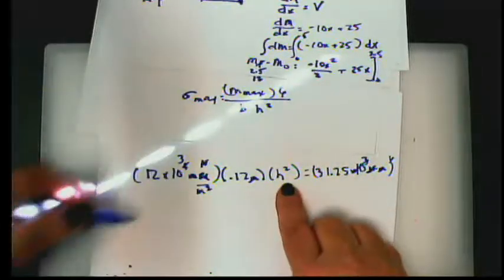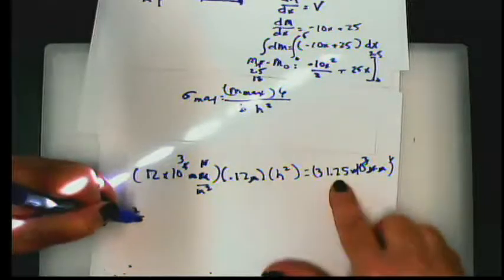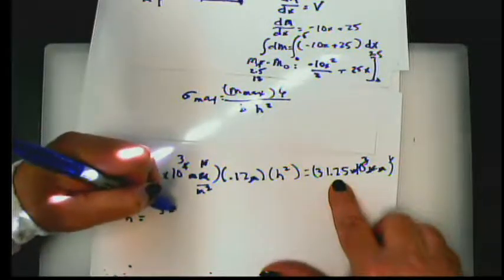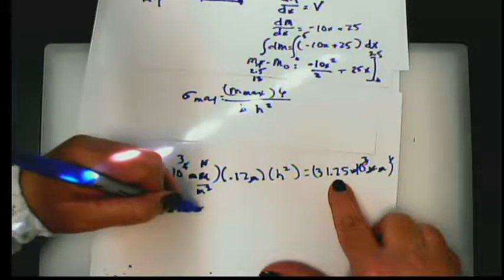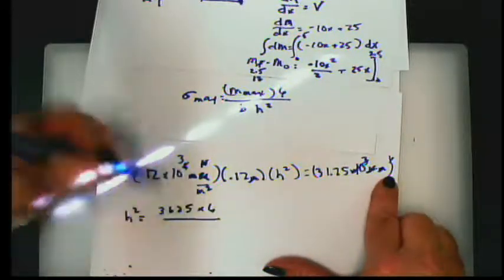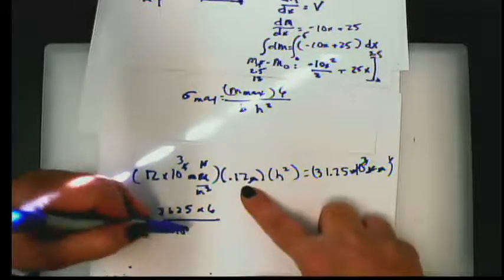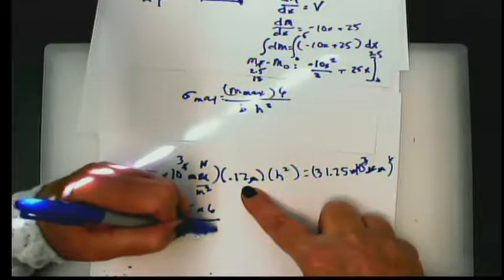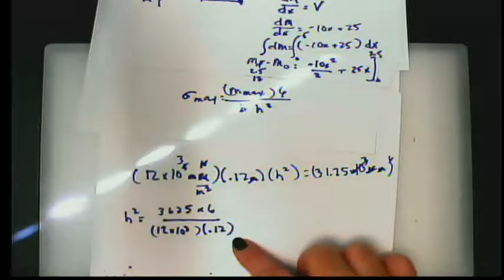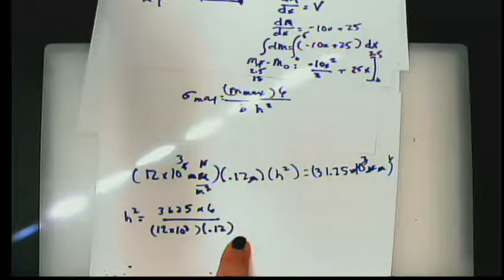All right. So height squared then is equal to 31.25 times 6 over 12 times 10 to the third times 0.12. And I can just do that, 31.25 times 6 divided by 12 divided by 0.12 and divided by 1,000.